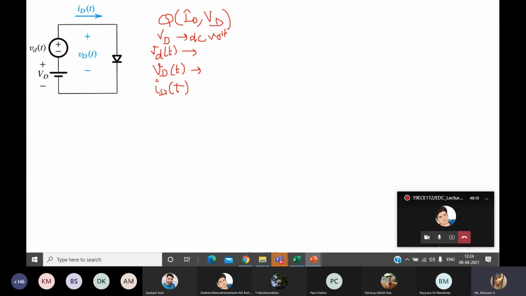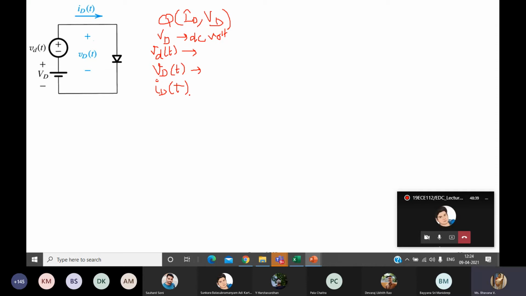And small i suffix capital D of t is the instantaneous total diode current.